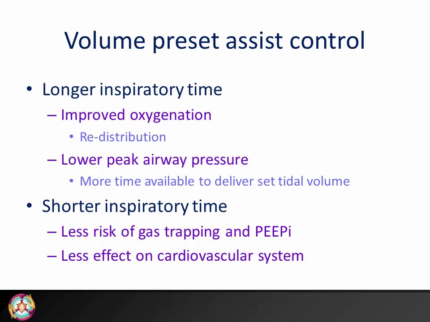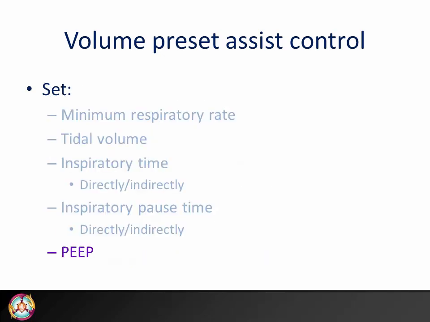On the other hand, shorter inspiratory times reduce the risk of gas trapping and intrinsic PEEP by leaving more time for expiration. The cardiovascular effects of mechanical ventilation may also be lowered by the lower mean intrathoracic pressure. Finally, PEEP also has to be set.